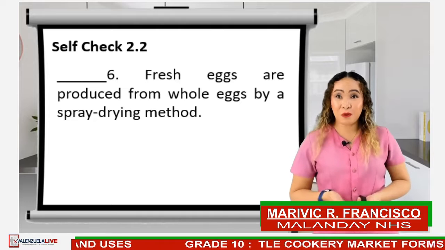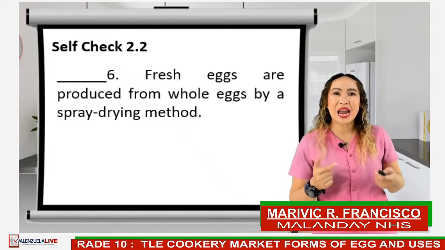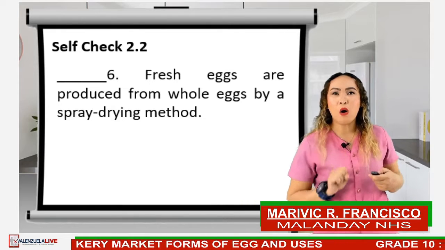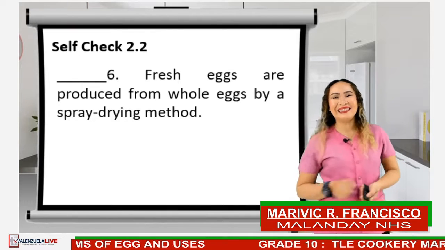Number 6. Fresh eggs are produced from whole eggs by a spraying drying method. Is it a true or a false? Write your answer.